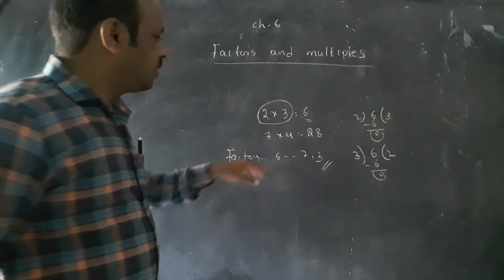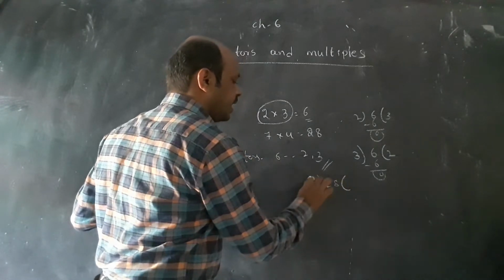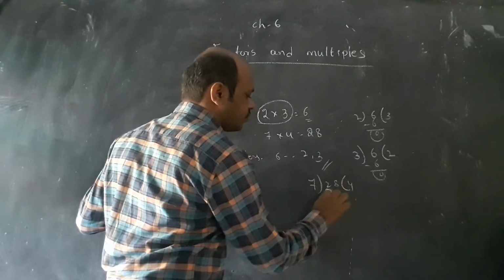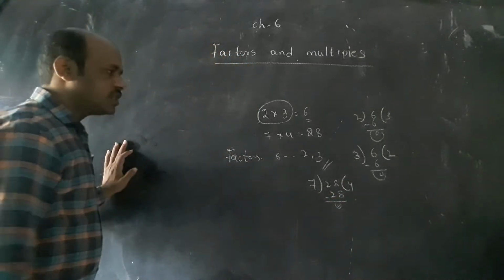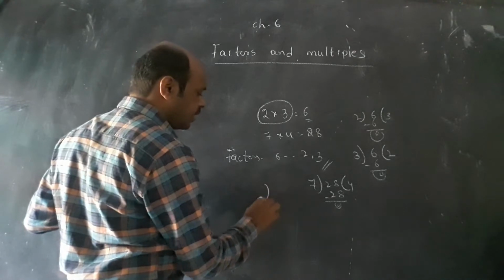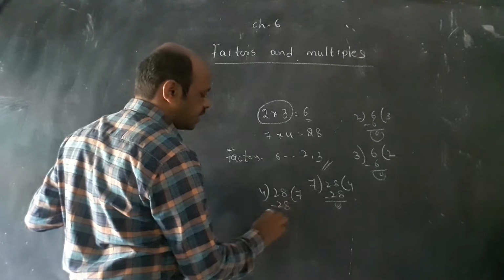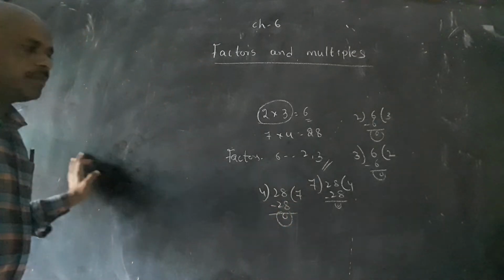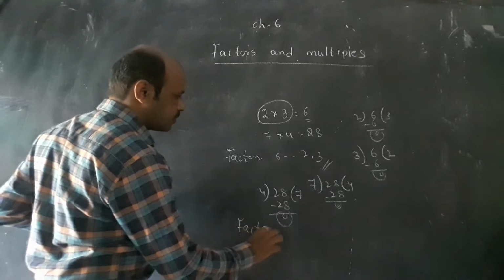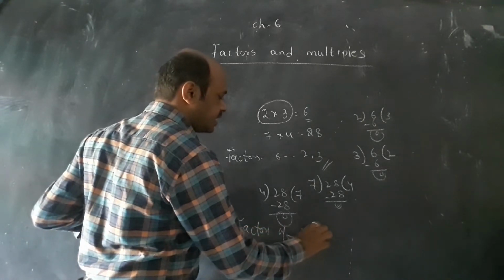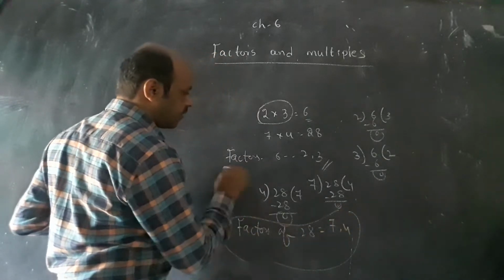Then taking 4 as the divisor, 4 7s are 28, the remainder is 0. Means here also the factors of 28 are 7 comma 4. This way we will say about the factors.